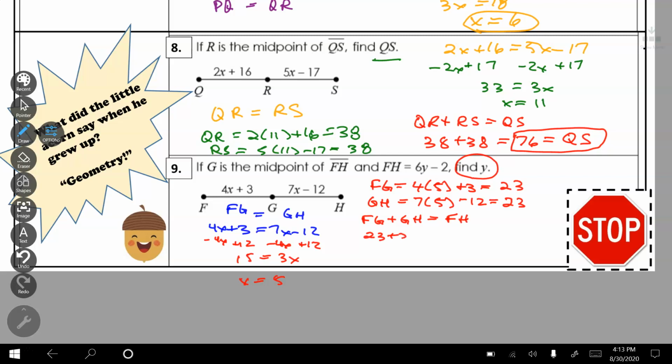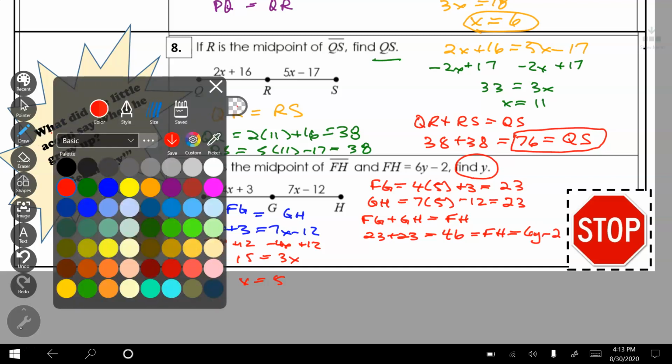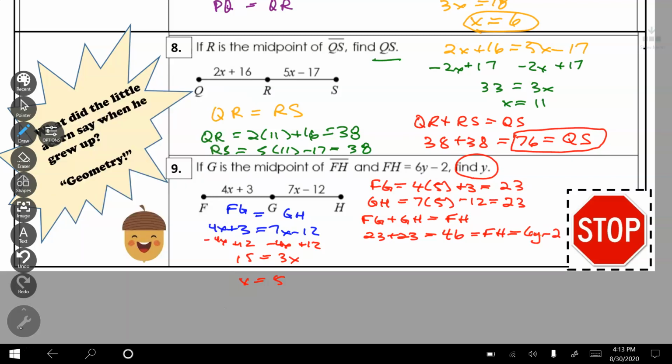So 23 plus 23 is equal to 46, which is equal to FH. And that is just 6y minus 2. I'm going to add the 2. I get 48 is equal to 6y, or in the end I get y is equal to 8. That was a lot of work on that problem, but it's all doable.